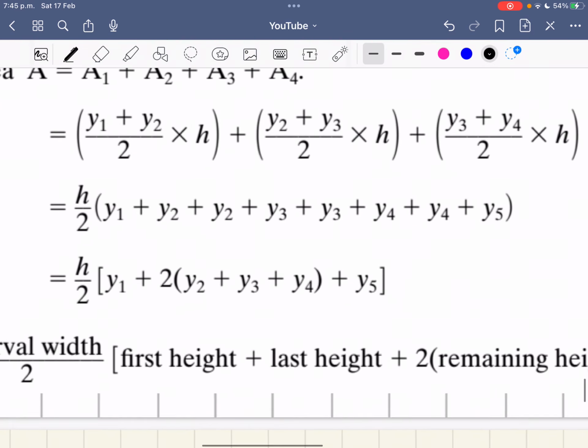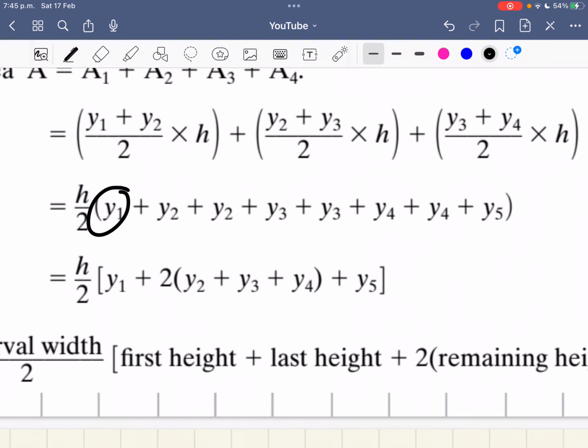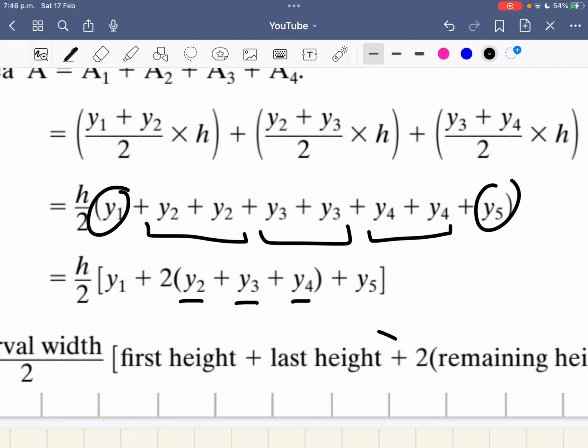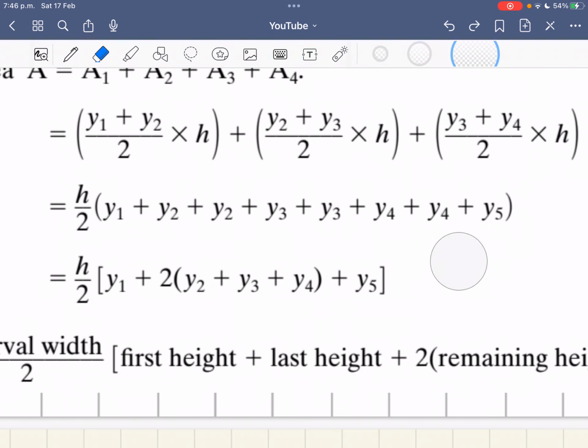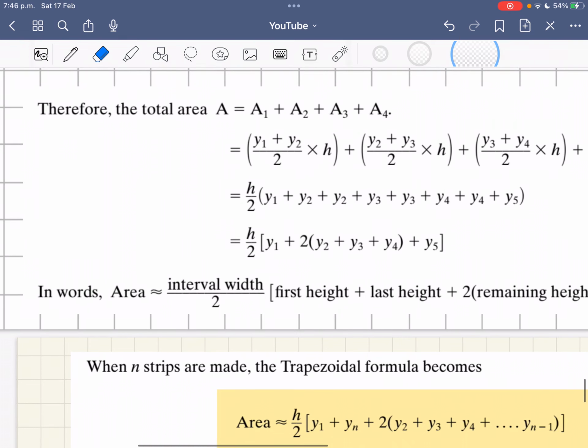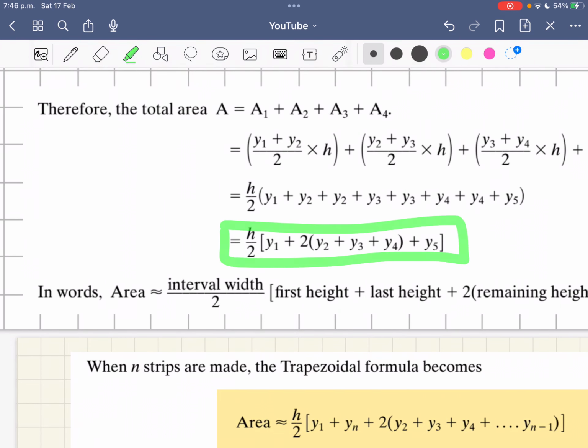You can see here y1 appears once, y5 appears once, and all of these appear twice. So this is our formula. There's 2 of everything except for the first one and the last one. The formula is given to you in your log tables. Happy days. It is h over 2 multiplied by this.